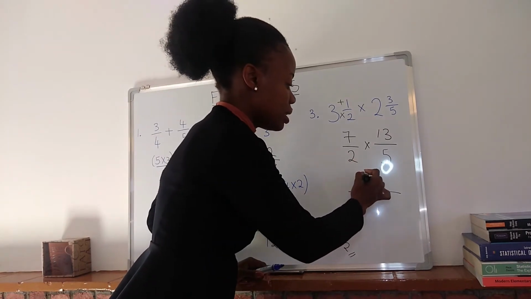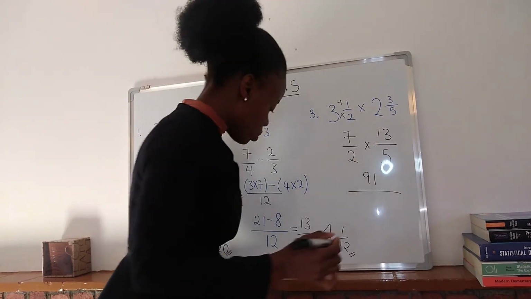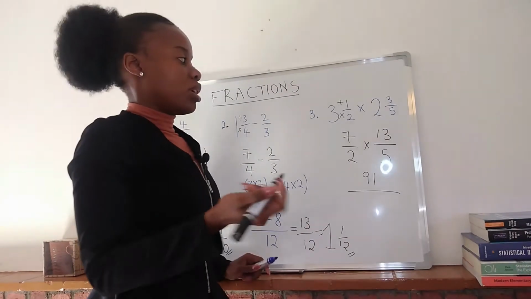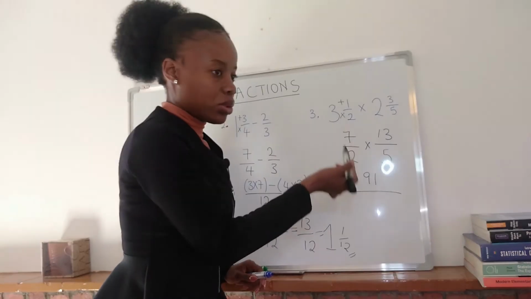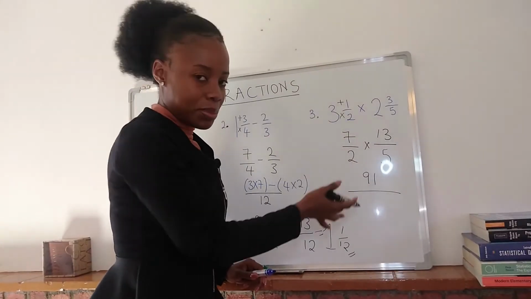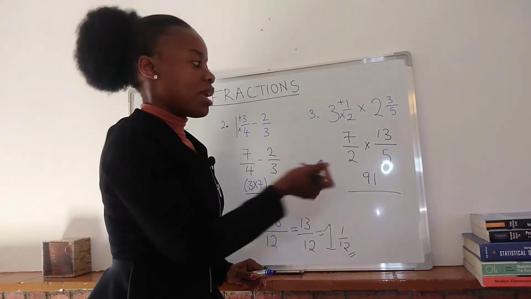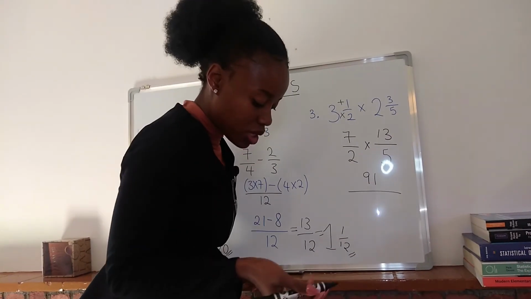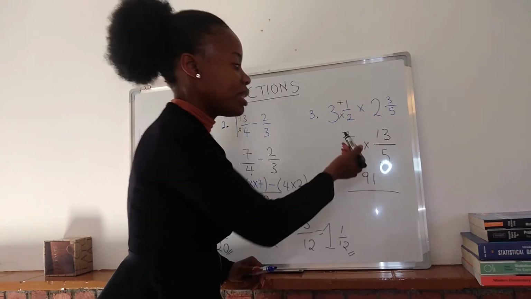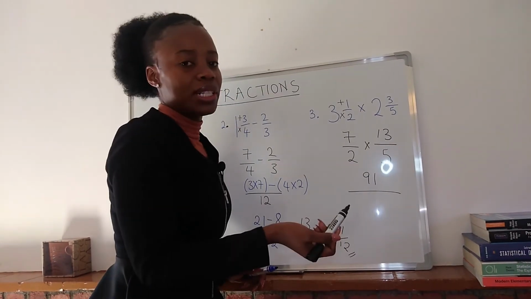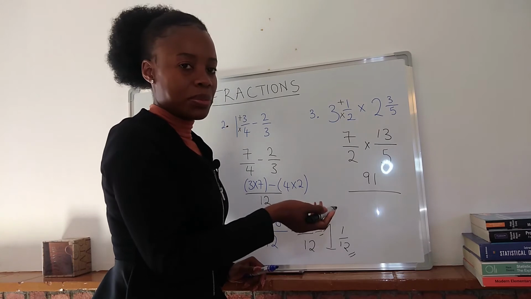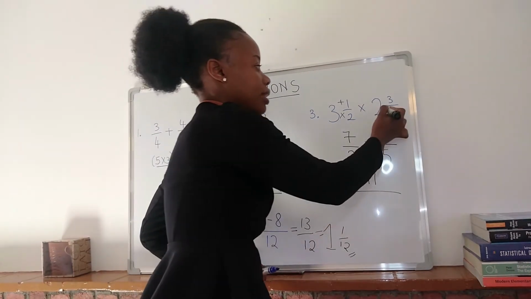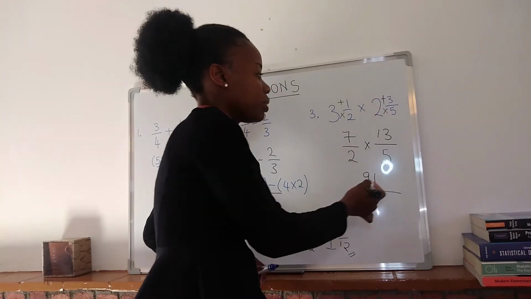If you are doing form 5, you are supposed to show all the method, all your steps, but you can even punch this in your calculator. When we say without using a calculator, it doesn't mean that you can't punch 7 times 13 in your calculator. We just want to see all the steps, right?